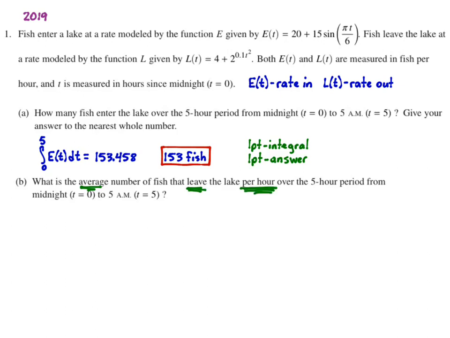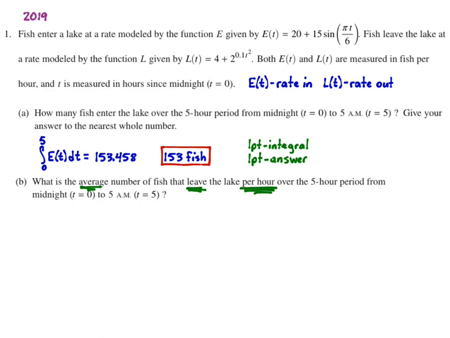It says, first of all, average, and then we're talking about leaving only, so that means we're going to be dealing with something about L of t, not E of t, and then per hour implies rate. Well, there's two averages. There's the average rate equation and the average value equation.